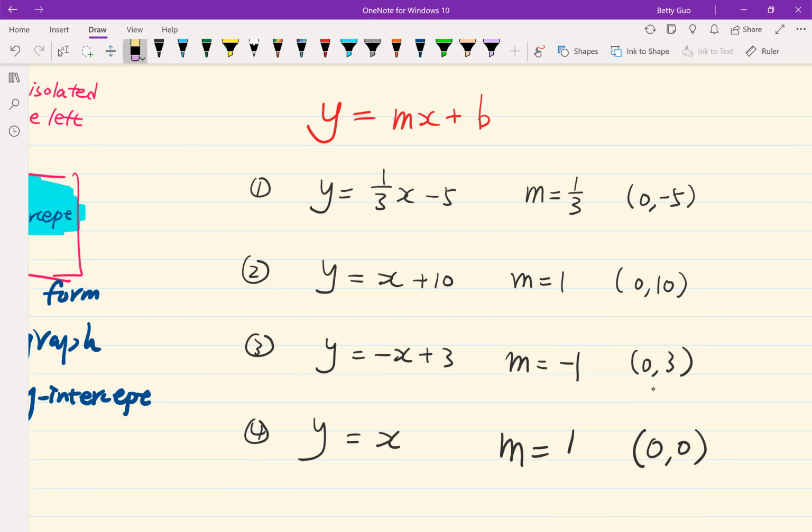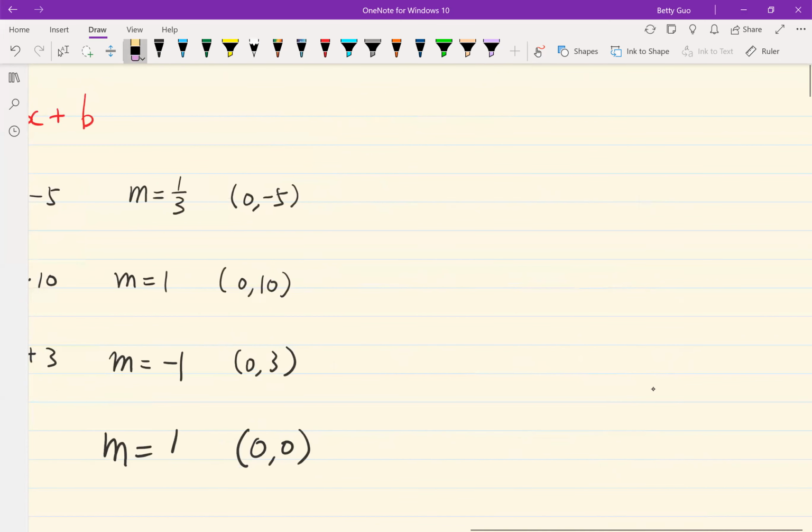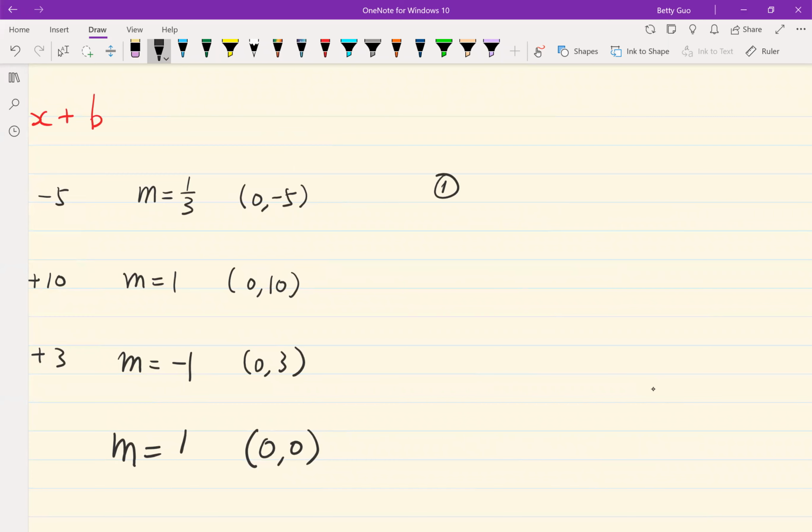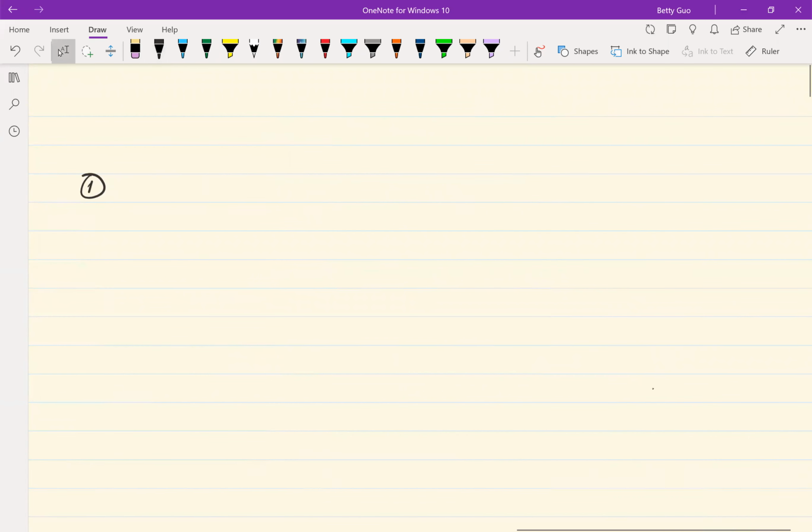I'm going to give you the slope and the intercept, and you write the equation of the line in the slope-intercept form. Am I clear?